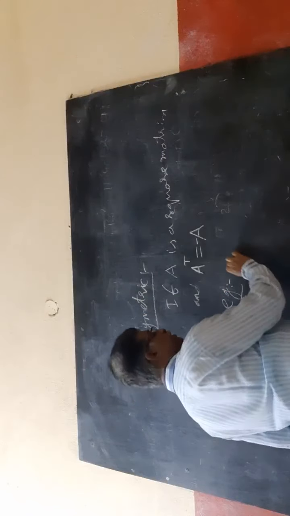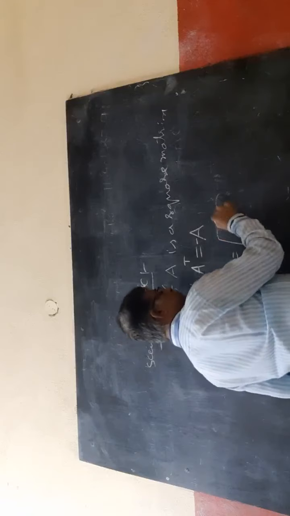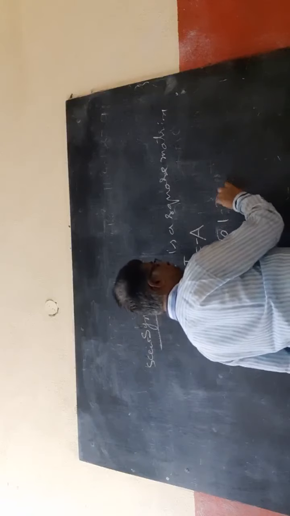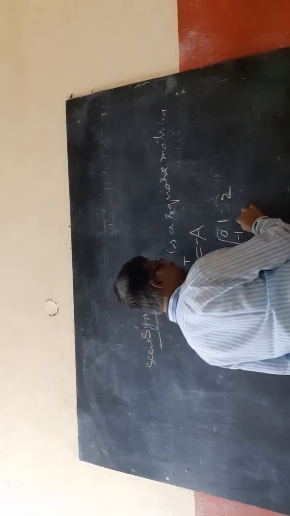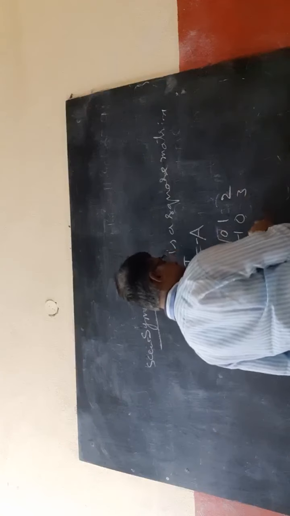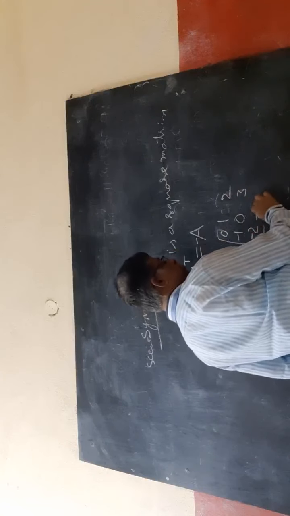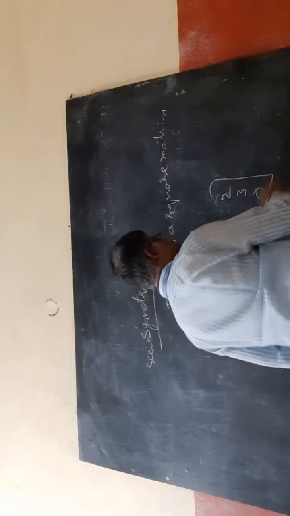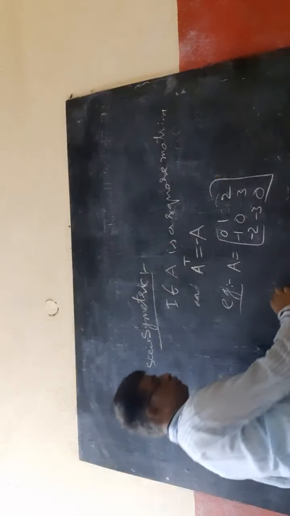Example of skew symmetric we can make like this: A equal to 0, 1, 2, minus 1, 0, 3, minus 2, minus 3, 0. Now, find A transpose. What is it?